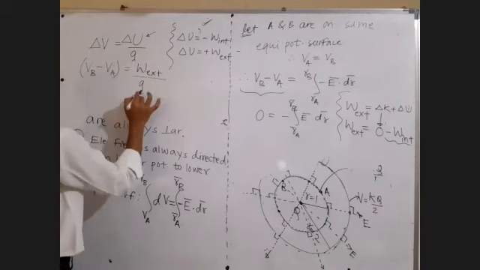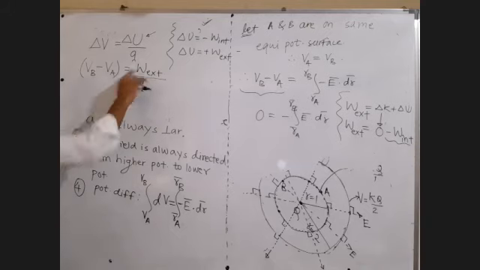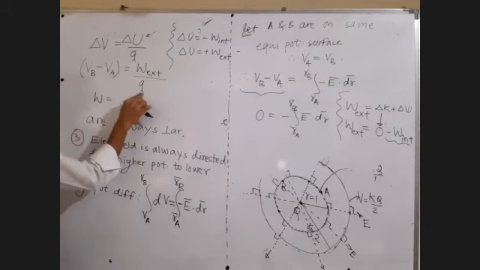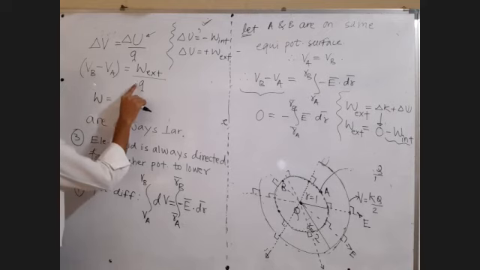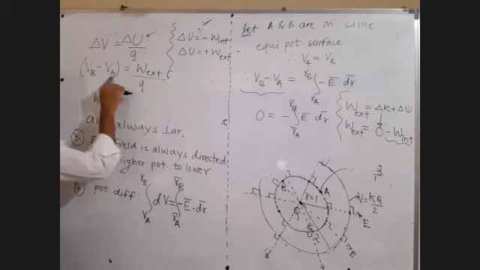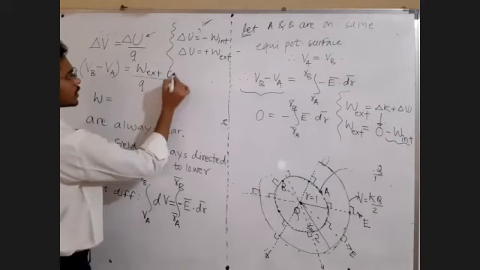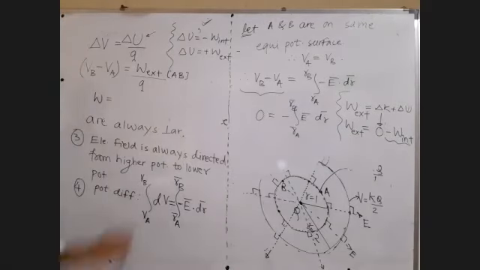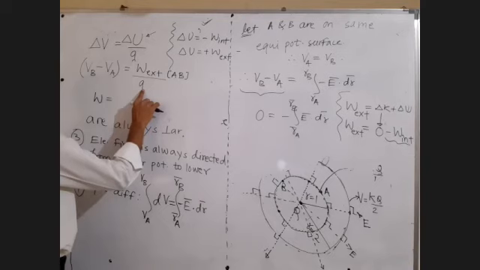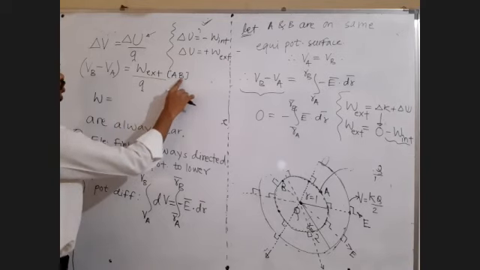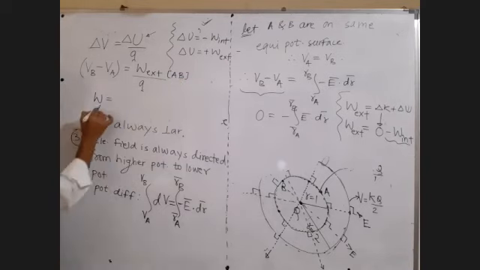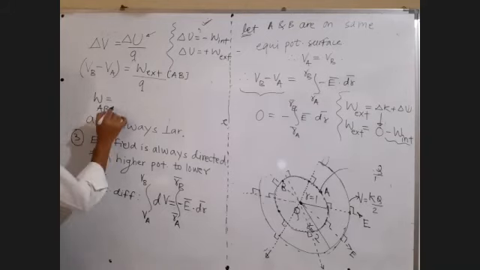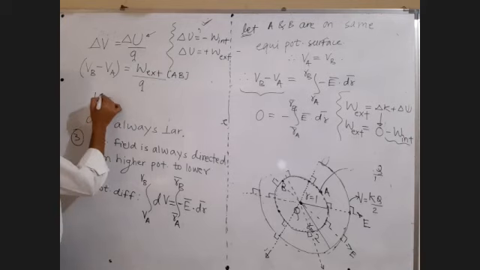Work done in moving a charge from point A to B: initial point was A, final point is B. So W external AB means work done in moving the charge Q from A to B. Let me write directly WAB. Of course, it is work done by the external force, and all those things are assumed now.